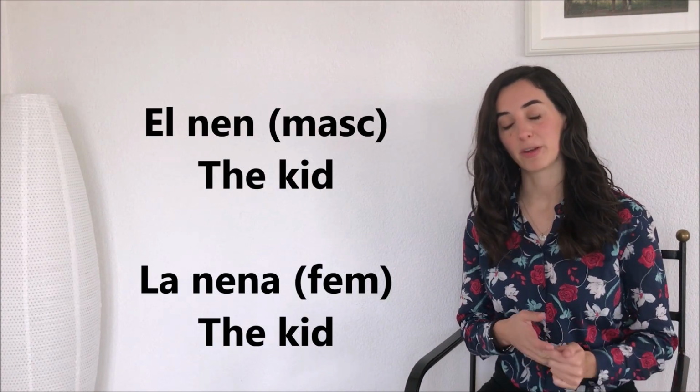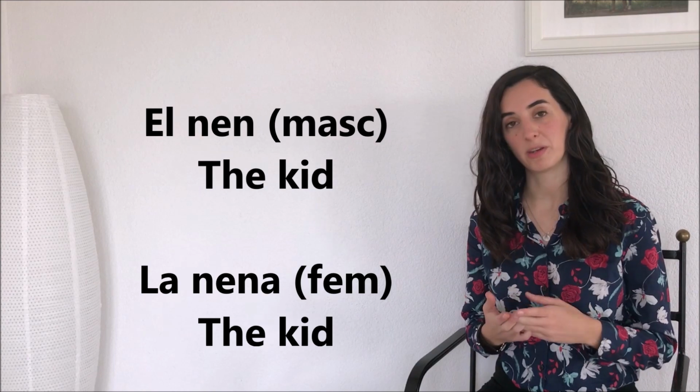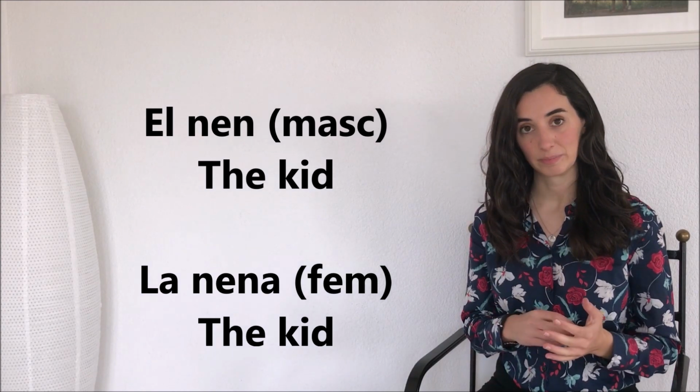And then in Catalan, as it happens in Spanish, the article always has to match the noun in gender and number. So for example, if you want to say the kid, masculine, you would say el nen, but if you wanted to say the kid in feminine, you would say la nena.